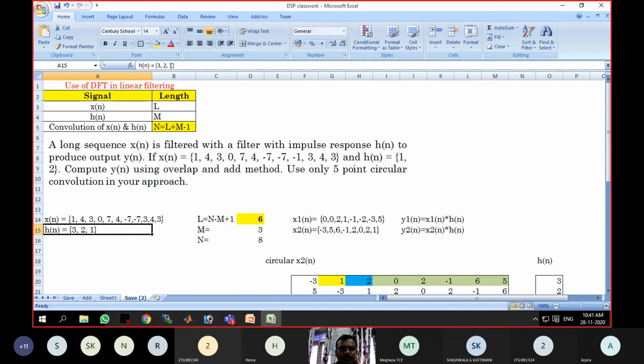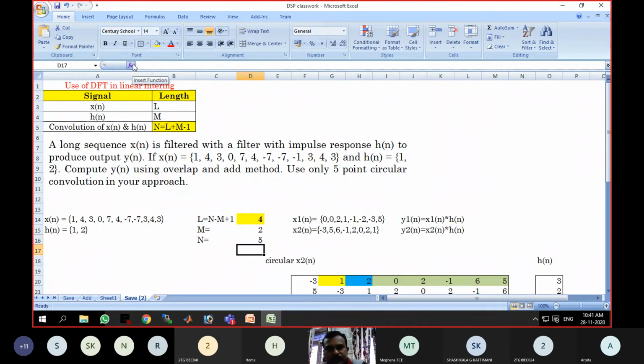Then what is h of n they have provided? 1, 2. So the size of m they have given is 2. And what is the N size they are asking? Use only 5-point circular convolution, so the N value must be 5.